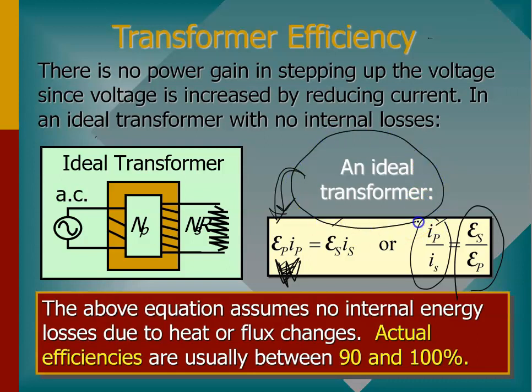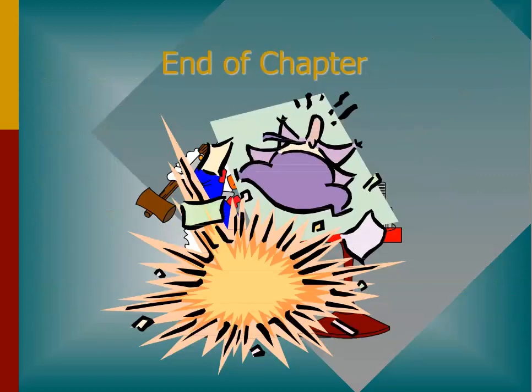So in an ideal transformer, the efficiency is usually between 90 and 100%. So this is what we call the ideal transformer. And that's all for this chapter.